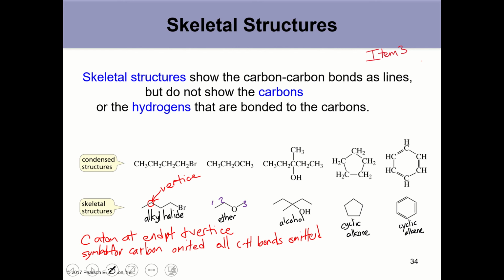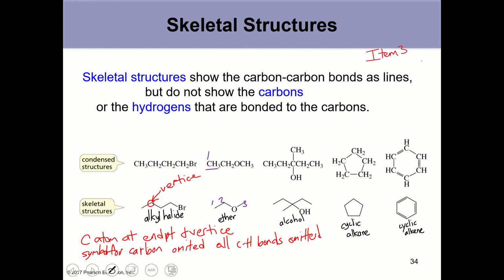And I know that, but how can I know how many hydrogens? By identifying how many lines are missing, because carbon must have a total of 4 bonds. So the first carbon, carbon 1, there is only 1 line leaving that carbon. There are 3 that are missing. That means that those 3 are hydrogens. So that has to be a CH3 group at carbon 1.